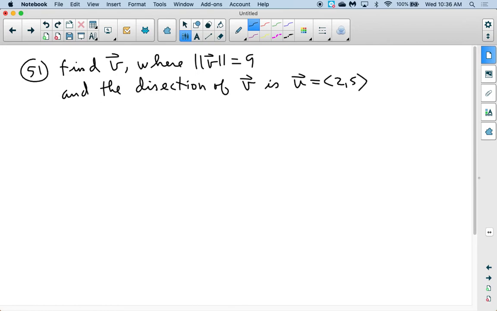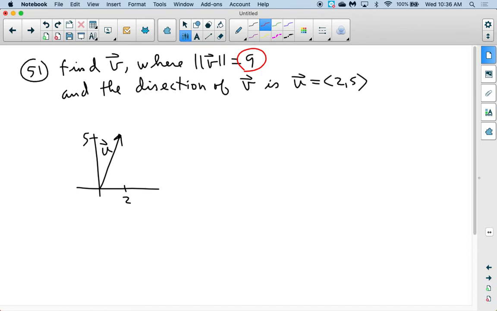Well, again, the easiest thing to do here would be to start with vector u. Okay, 2, 5. You don't have to draw all this, but here's u, right? This is vector u. So to find vector v, all I need to do is lengthen u so that it would have a length of 9. That would be a vector certainly in the direction of u, right? We're not changing u's direction.